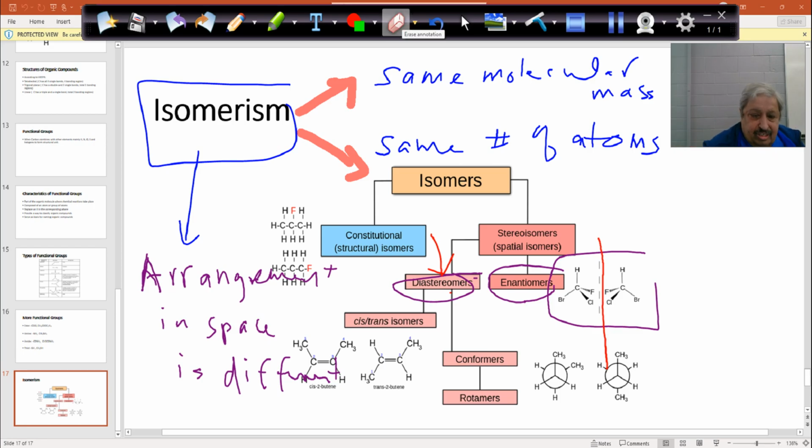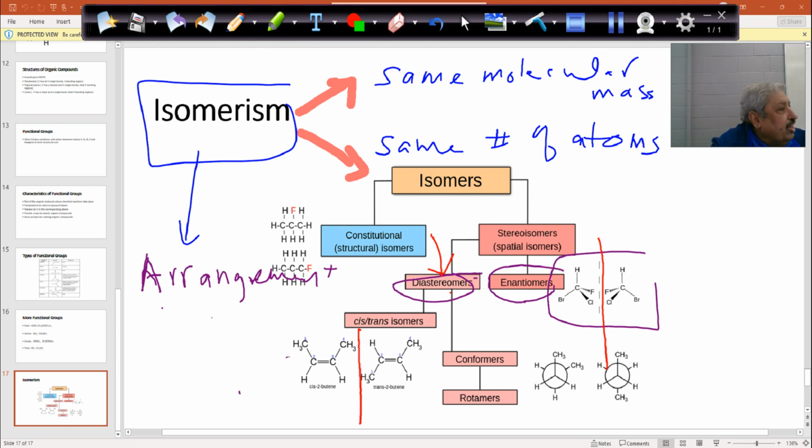I can take this out and show you that the arrangement in space stays there. But if I put a mirror here, are they mirror images of each other? No, they are not. That's the key. One is called enantiomer, one is called non-enantiomer, or diastereoisomers.